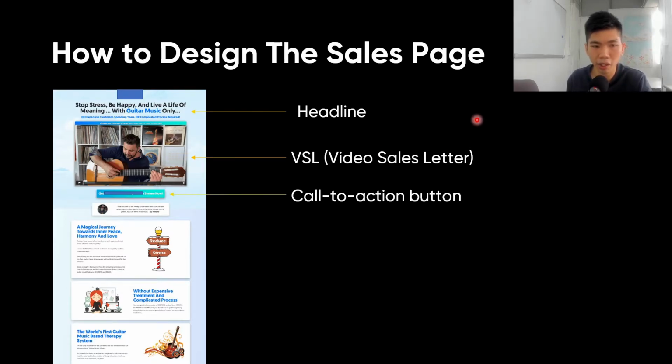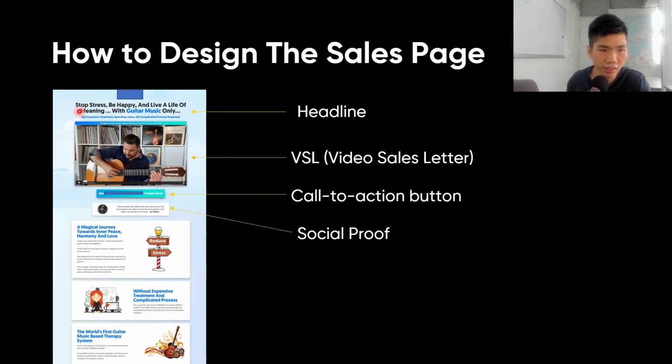And then the next part, obviously, will be the call to action button. And then you can put some social proof or a testimonial on this part. If you have something like "as seen on ABC" or "as seen on Fox," you can also put it here, which is a credibility factor.